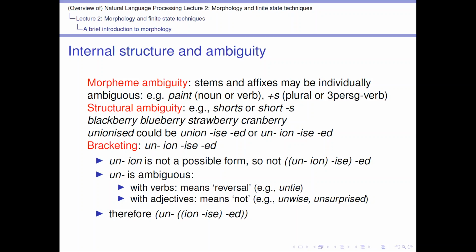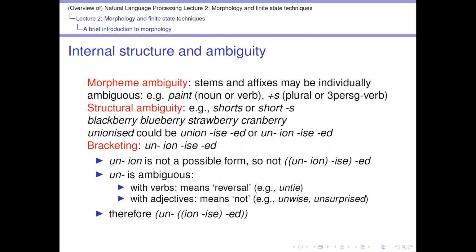Okay. Then we've got things like this word here. And it could be split up into either un-ionized or, if you were doing chemistry, unionized. So it completely depends on the context how you might split that up. And you then need to think about how the bracketing would work.